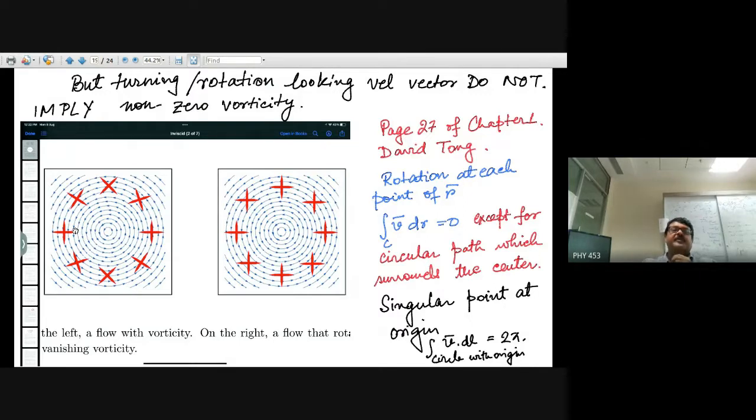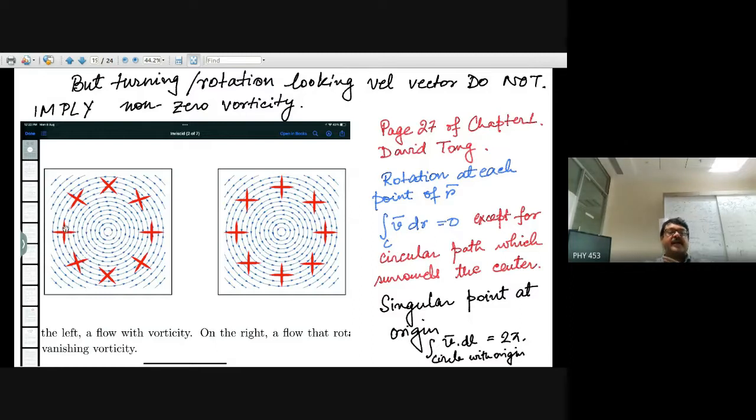The velocity field will only have finite velocity if you take a small line element, a closed loop at any point, and calculate u dot dr on the loop, and it will have a non-zero value.